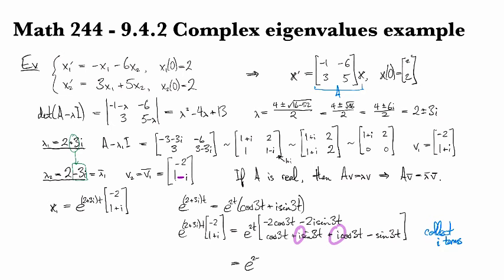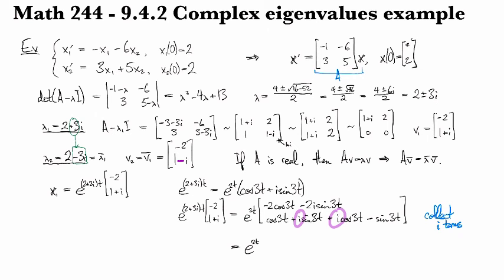So let's see. I've got e to the 2t, and I forgot that guy. So I'm going to have the real parts, minus 2 cosine 3t, and then cosine 3t minus sine 3t. Okay, that's all the real junk.